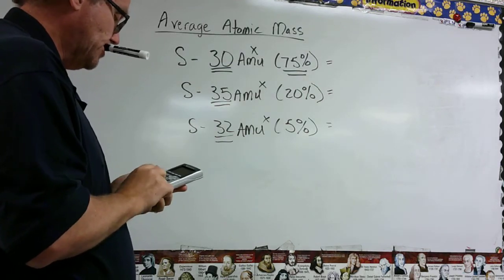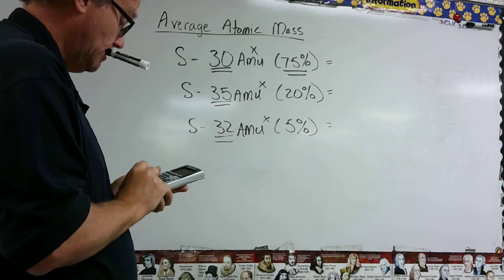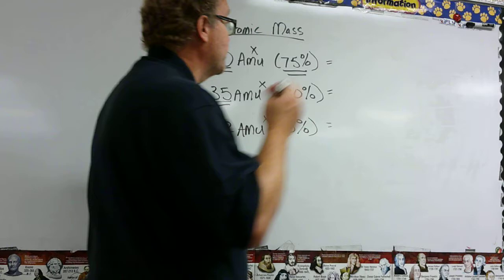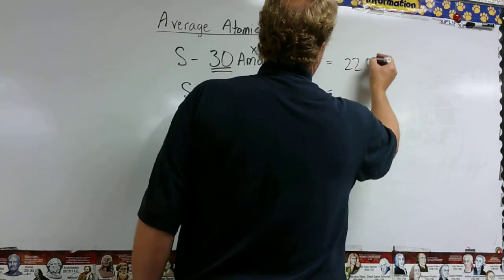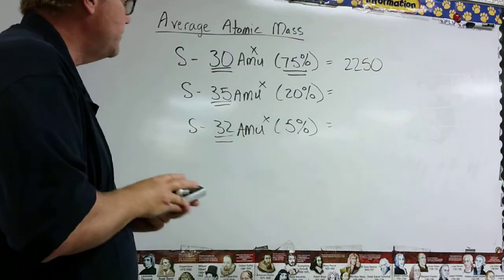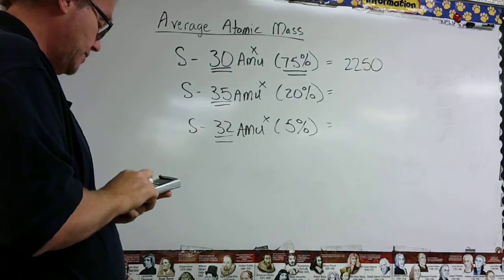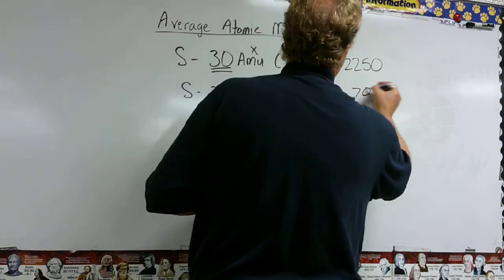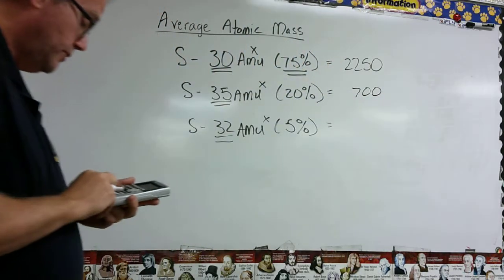Again, very important to have a calculator. It doesn't have to have scientific stuff on it yet, because this is pretty much what it's going to do. So 2250 for that, 35 times 20 is 700, and 32 times 5 is 160.